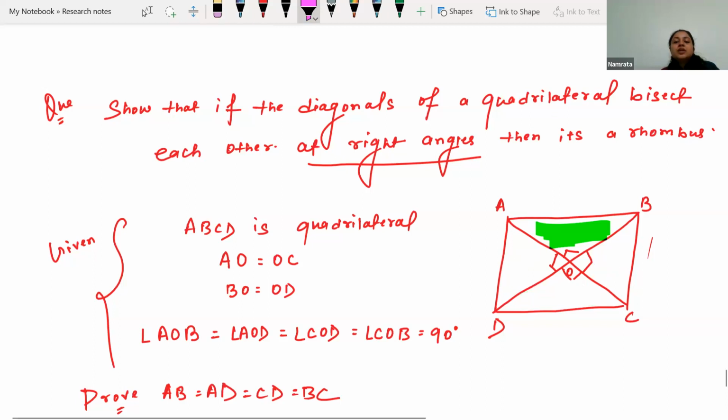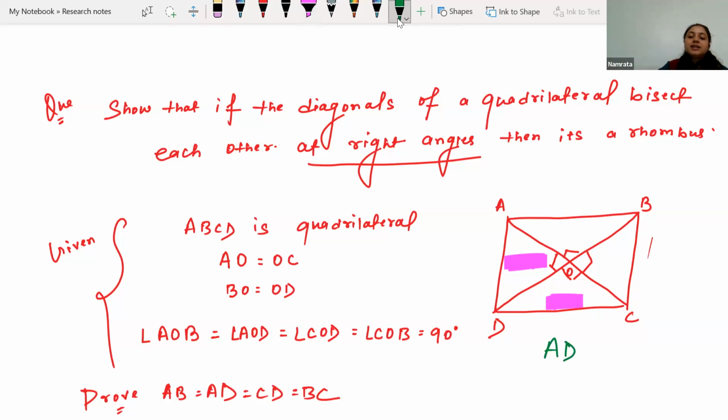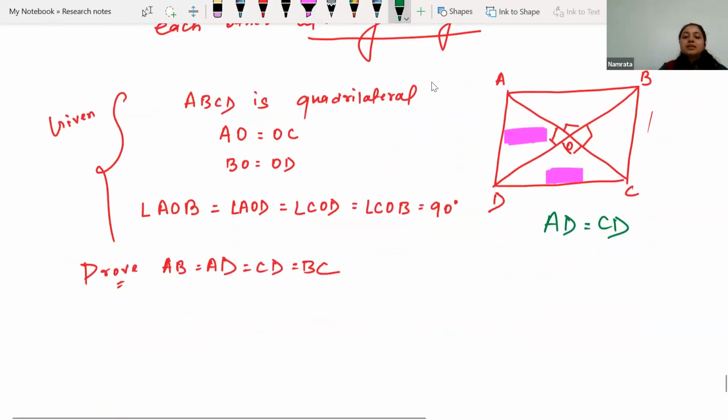So rather than going by this method, we can take any two adjacent triangles. We are directly going to prove that this triangle and this triangle are congruent. We will check whether it is possible to prove these two are congruent or not. If that is possible, then from here sides AD and CD are the same.